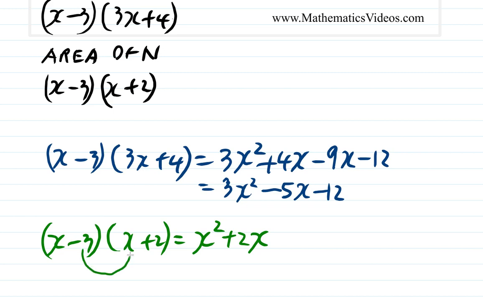Negative 3 times x gives you negative 3x. Negative 3 times 2 gives you negative 6. That amounts to x squared, and positive 2x minus 3x is negative 1x. It is x squared minus x minus 6.